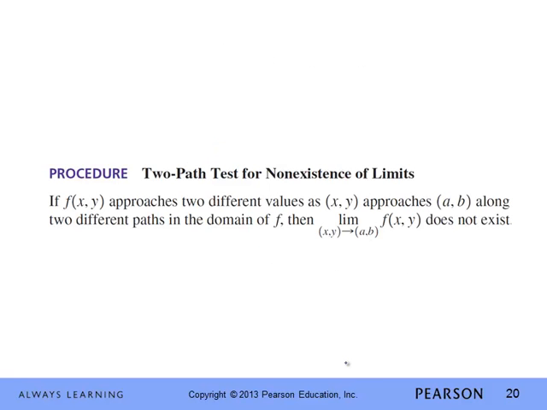All right. So here you see the procedure that will tell you exactly the same thing that we just talked about. This procedure says if the function f of x,y approaches two different values as (x,y) approaches your point (a,b) along two different paths in the domain of f, then the limit does not exist.